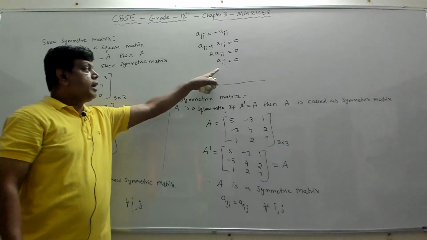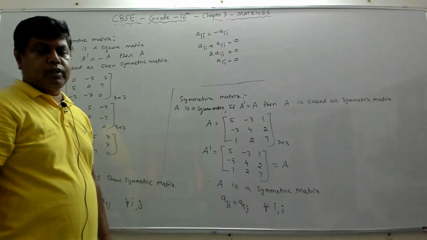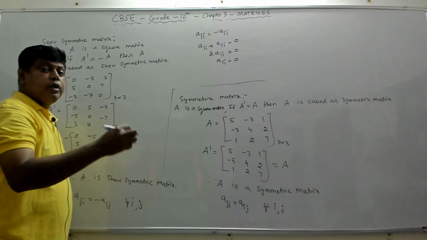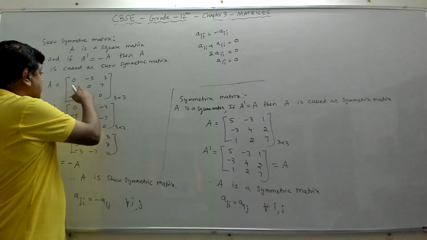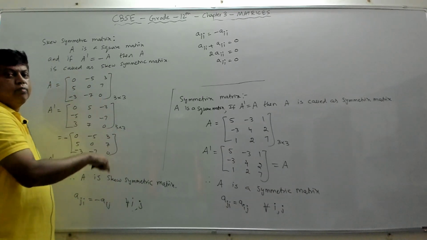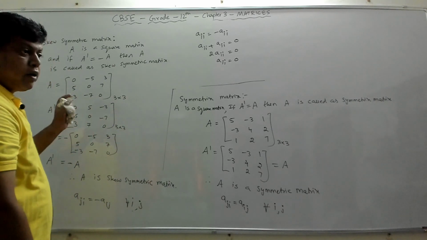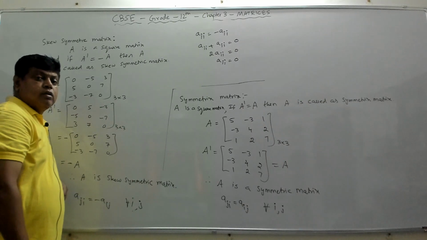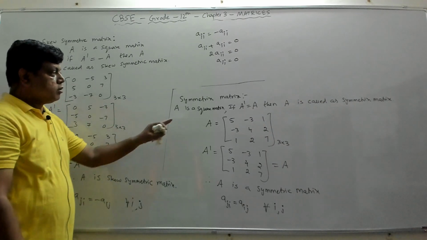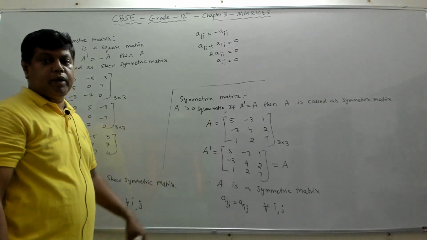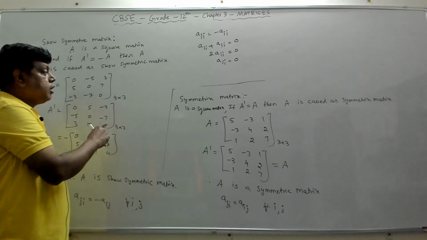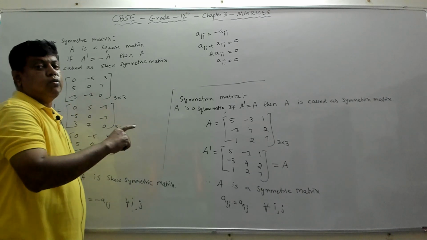But Aii represents the diagonal elements. So for a skew symmetric matrix, your diagonal elements must be 0. If not, it cannot be a skew symmetric matrix. But for a symmetric matrix, your diagonal elements can be anything.